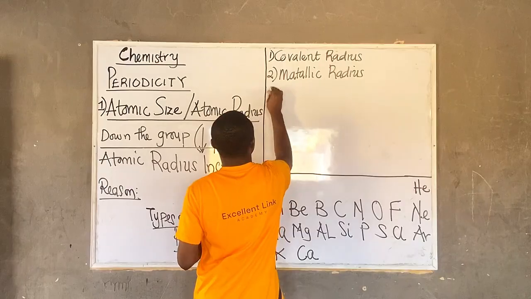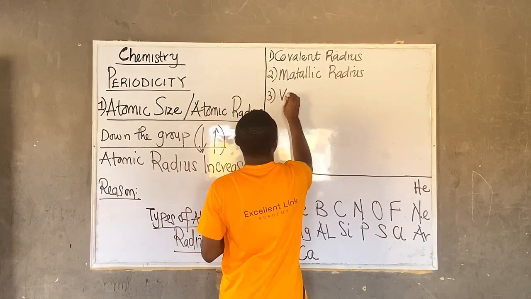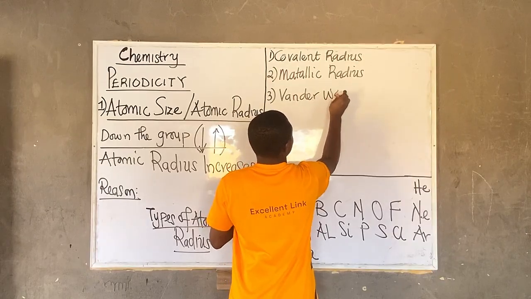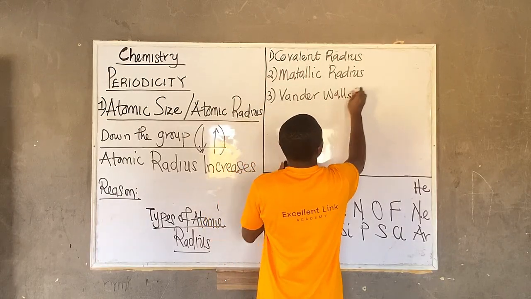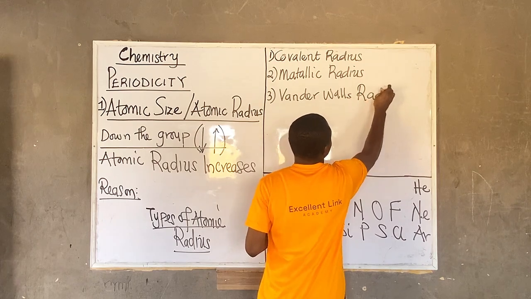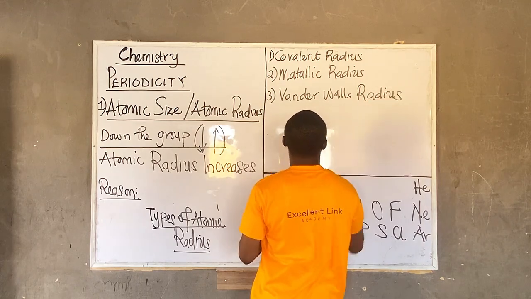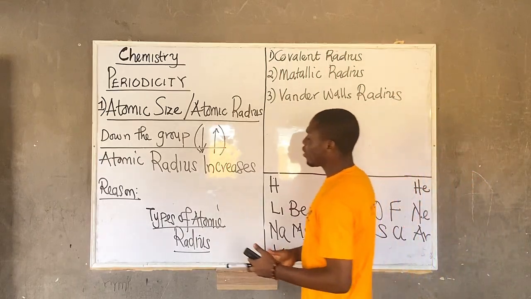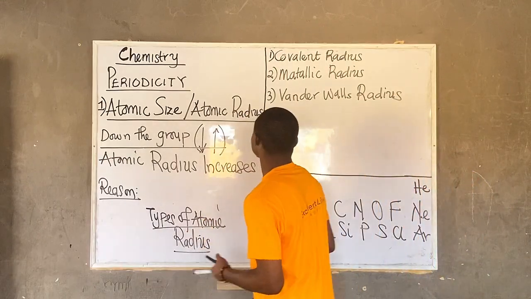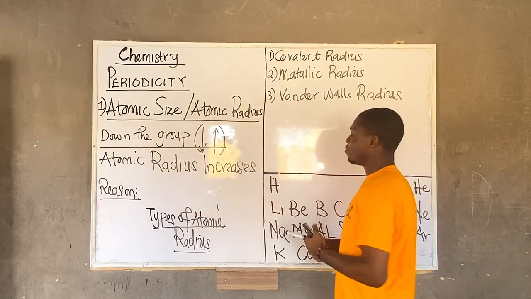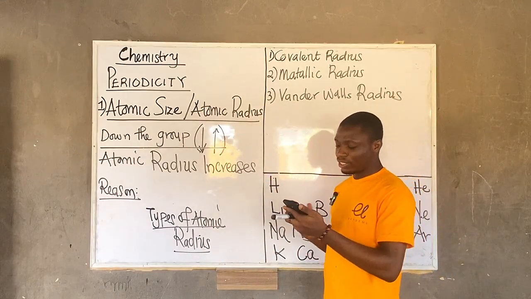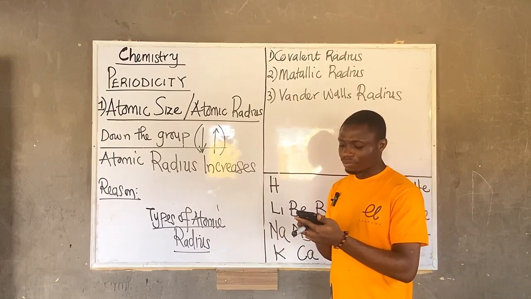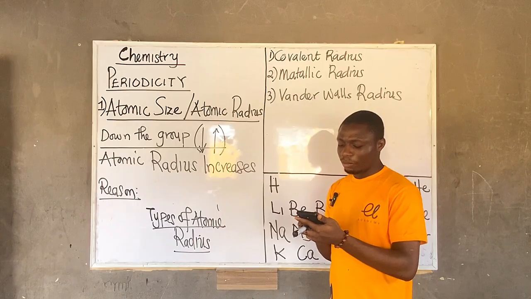Number three, we have the van der Waals radius. So these are the three types of atomic radius that we have. Either I call it atomic radius or atomic size, whichever one. As you can see on the board, let's explain them one by one and see what they mean.